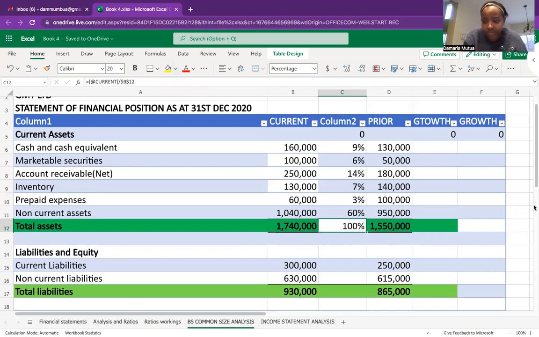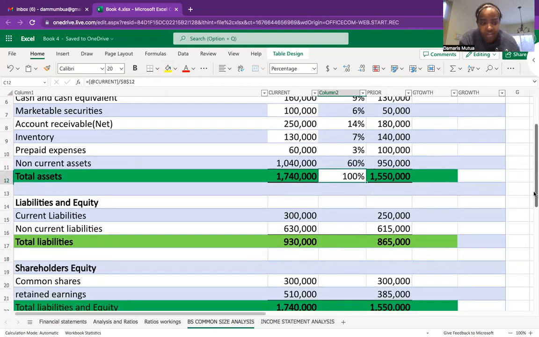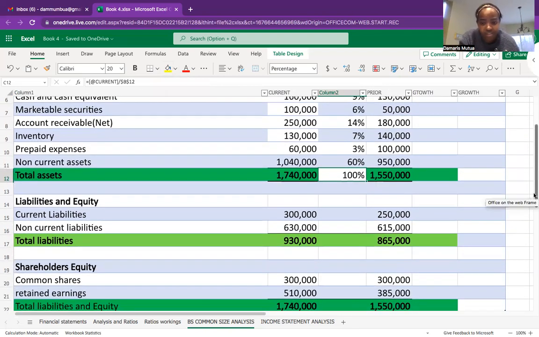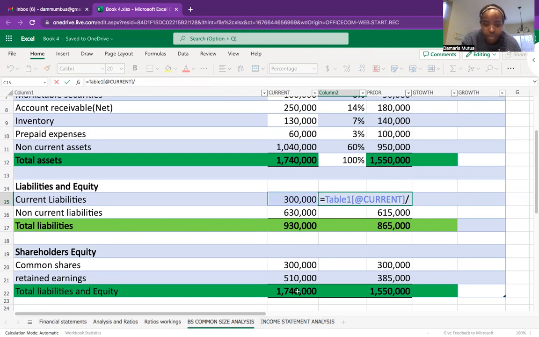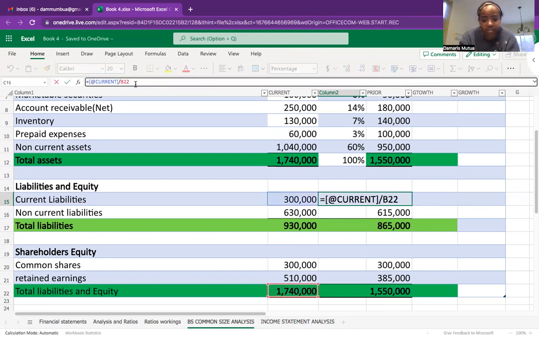We're going to do the same for the other side, the side of liabilities and equity. Everything we're going to express as a percentage of the total liabilities and equity, which is the same as our total assets. I'm going to fix it again to make sure that we do it very fast.